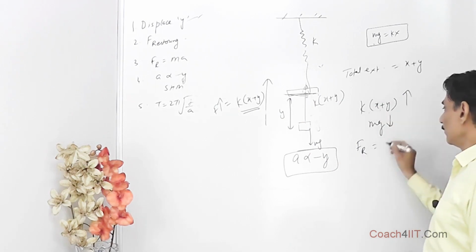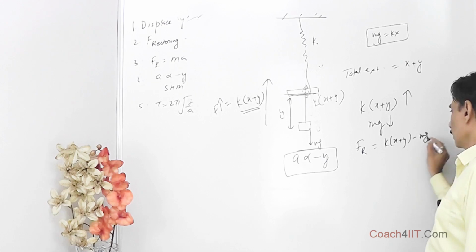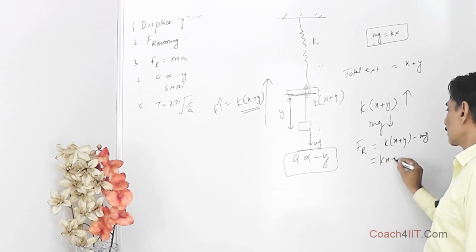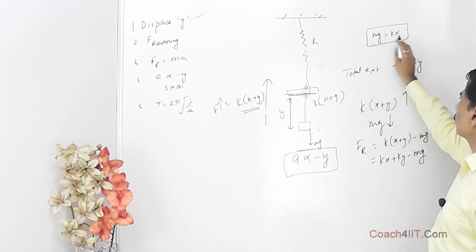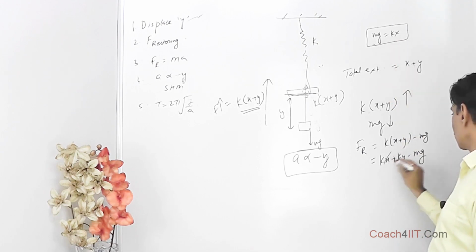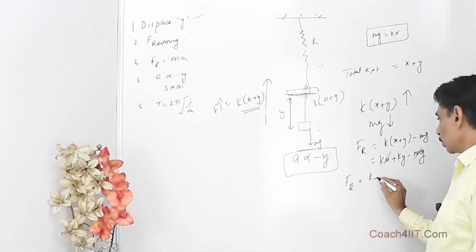So the net force is k(x plus y) in the upward direction minus mg. This comes out to be kx plus ky minus mg. But kx is equal to mg, so these get cancelled. So the restoring force comes out to be ky only.